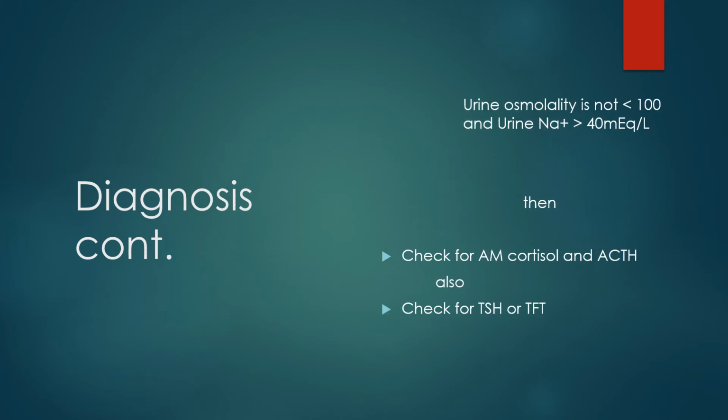If urine osmolarity is not less than 100 and urine sodium is greater than 40 milliequivalent per liter, then we need to check the cortisol level in the morning and also carry out the ACTH stimulation test and also have thyroid function tests done, particularly the thyroid stimulating hormone level.